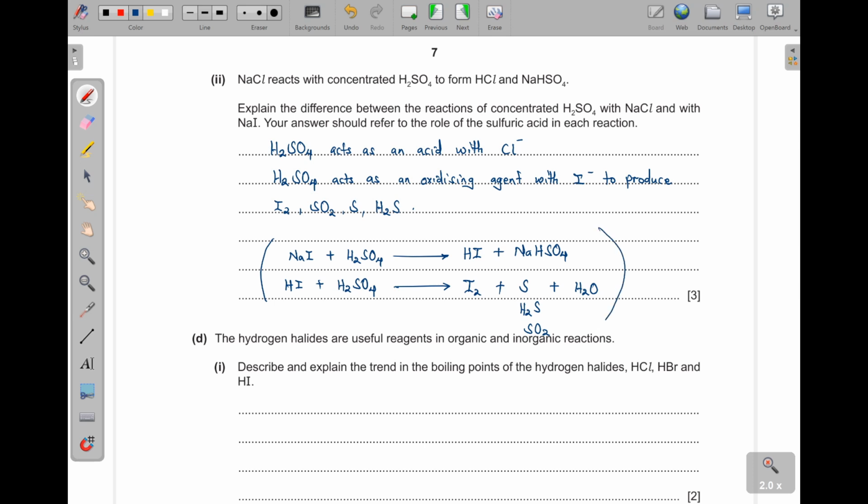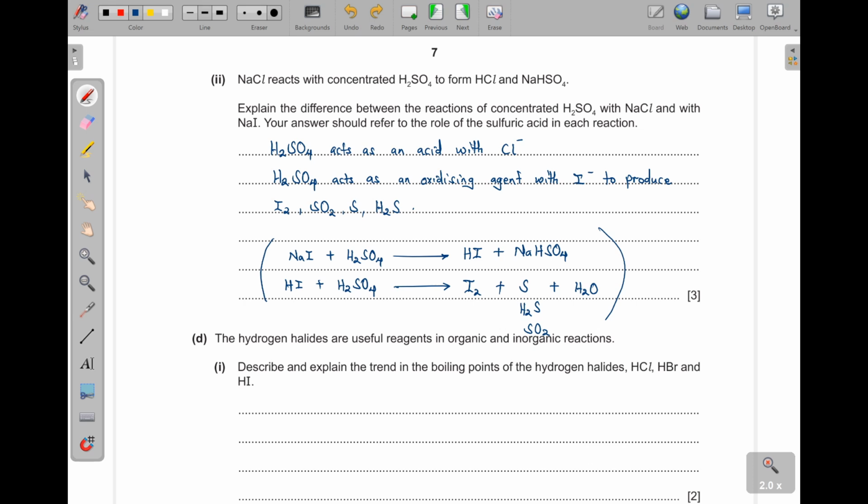I'm not going to waste time balancing, but that is what happens, all of these three. So you can get this one, maybe this one, or that one. Those are all the possible outcomes of this reaction.